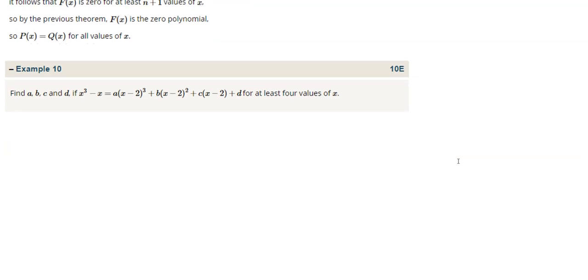So find A, B, C, and D if we have this and we don't know our constants A, B, C, and D, for at least 4 values of x. We can do this though.